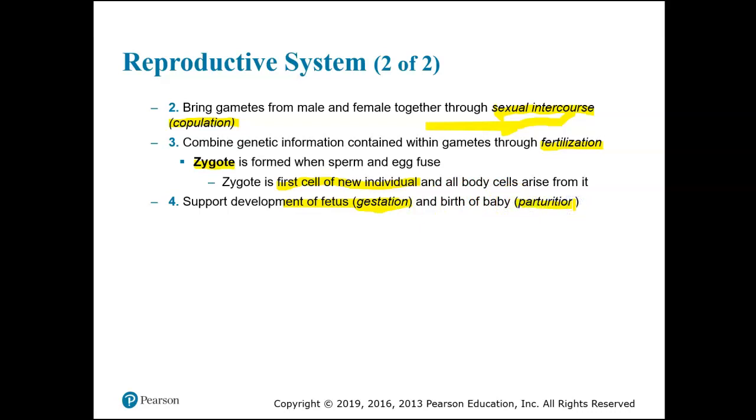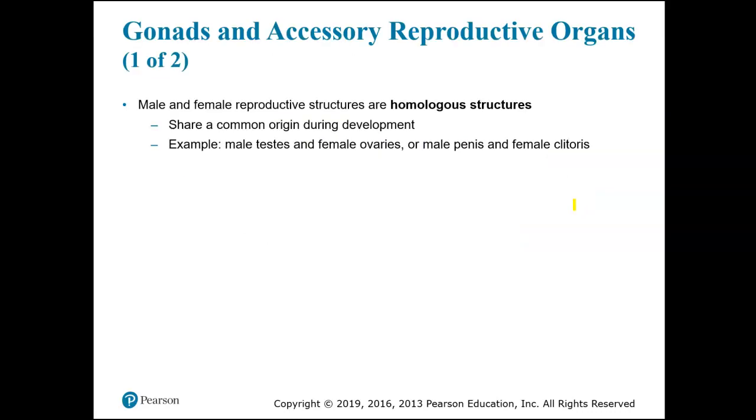So gestation and parturition. All right, male and female reproductive structures are homologous structures. The male testes and the female ovaries, for example, the male penis and the female clitoris.